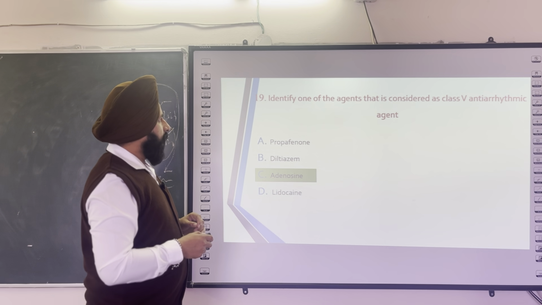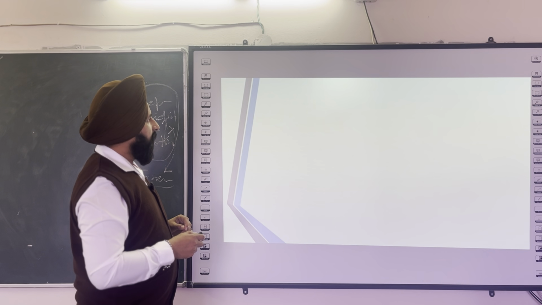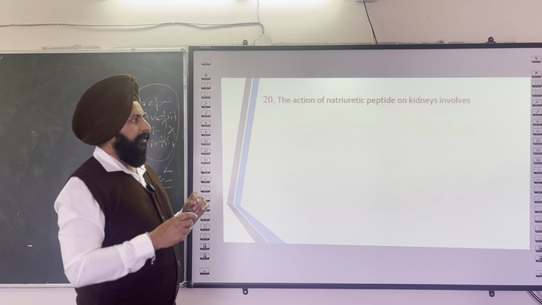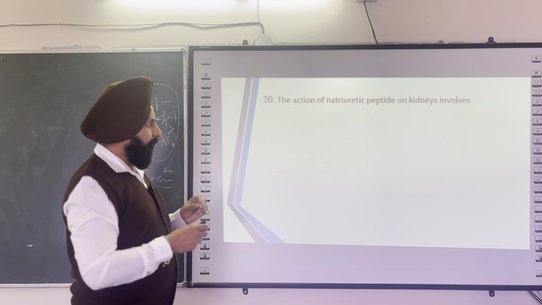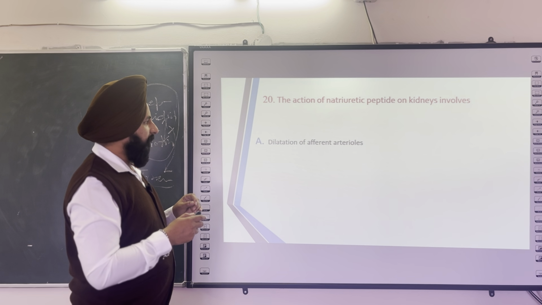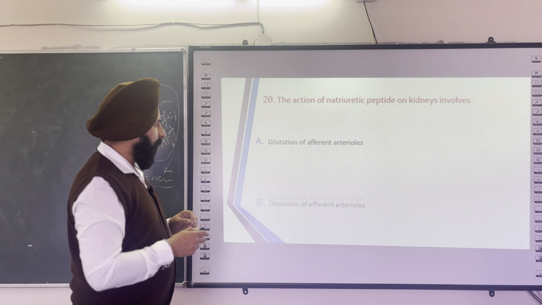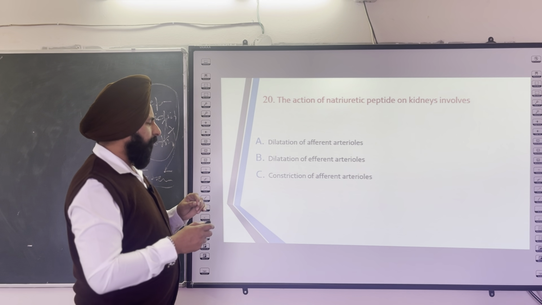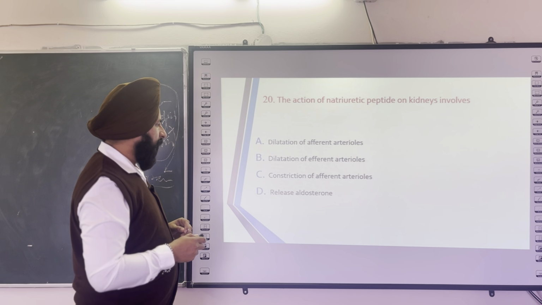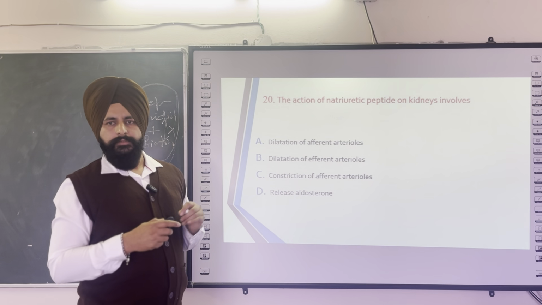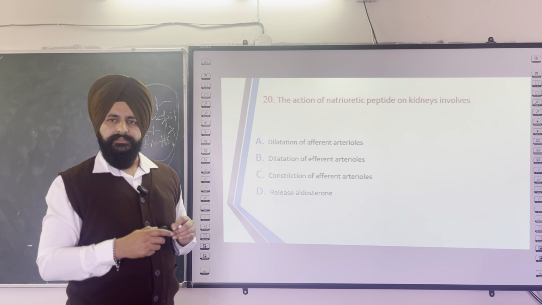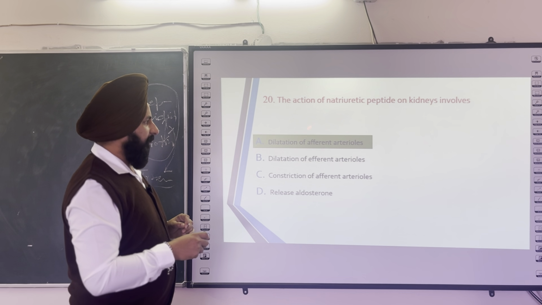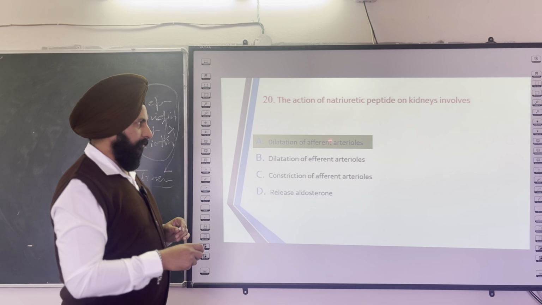The last question for this GPAT series is: the action of natriuretic peptide on kidney involves. The options are dilation of afferent arteriole, dilation of efferent arteriole, constriction of afferent arteriole, and release of aldosterone. You choose the correct answer for this last question. The correct answer is dilation of afferent arteriole.